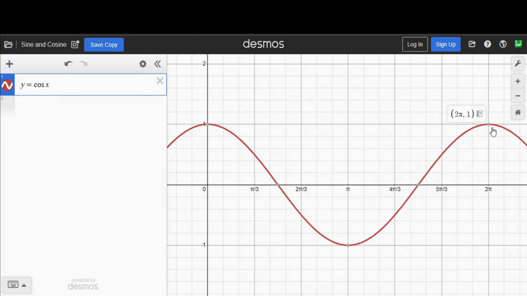Lastly, the point x equals 2 pi and y equals 1. Matches with all 5 points. So far, so good. We think seeing it on the graph helps the integrity of the discussion. What do you think? It looks like we're on the right track, but let's check the 4 other points.